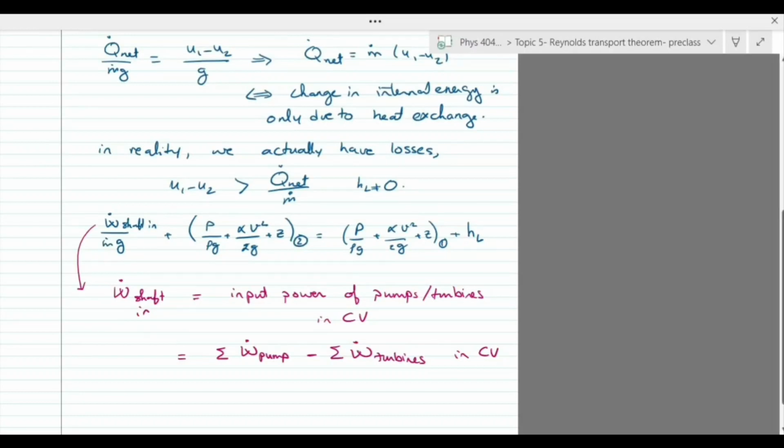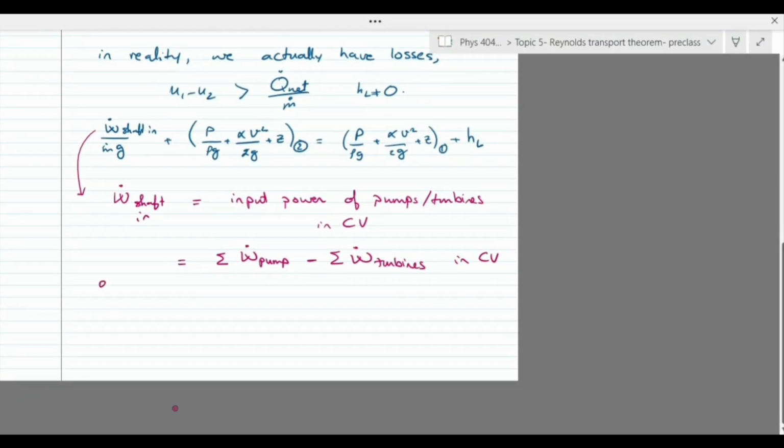You can see how I put a minus sign for W dot of turbines, and that's because turbines actually give some output work from the energy of the flowing fluid. So this is going to have a negative quantity for the power, indicating that this is an output, not an input energy into the fluid.